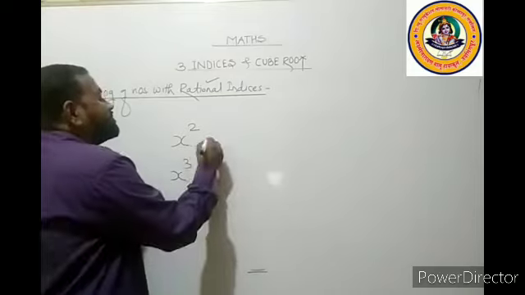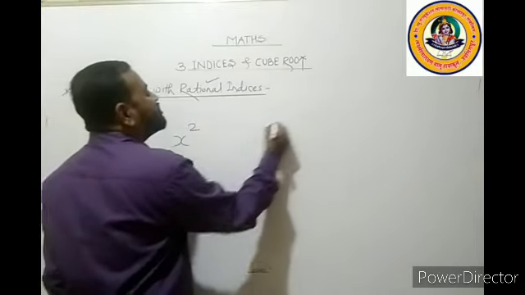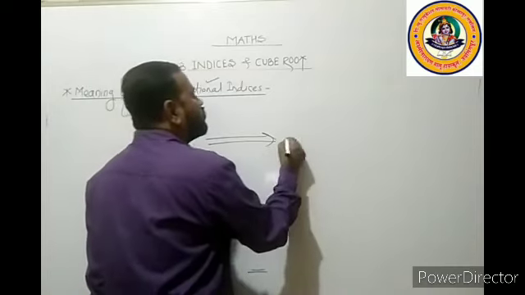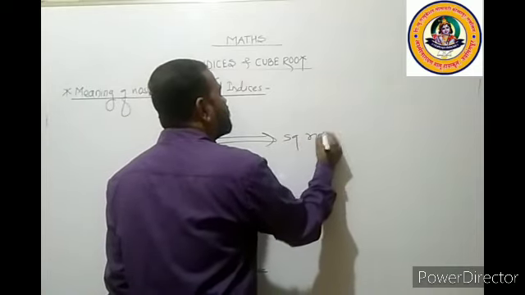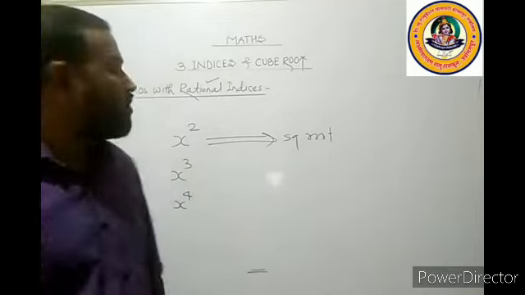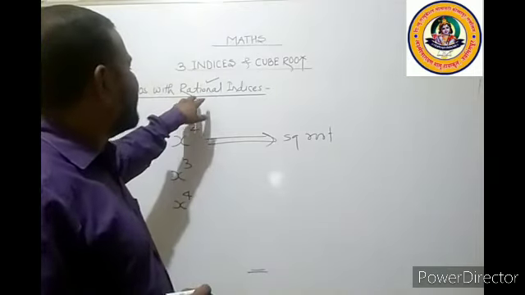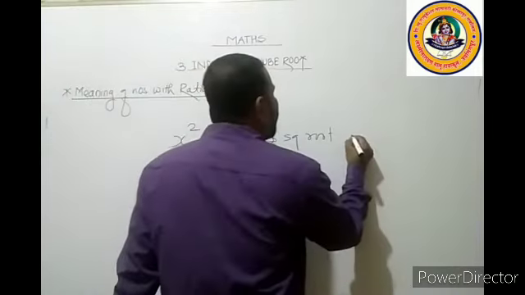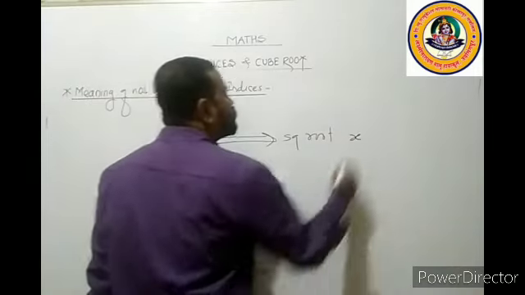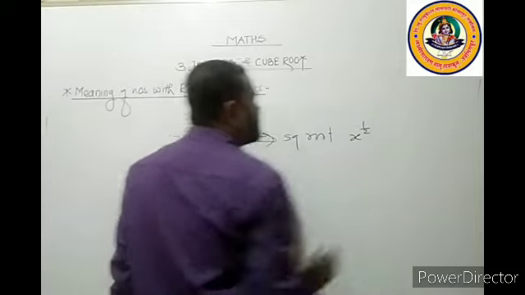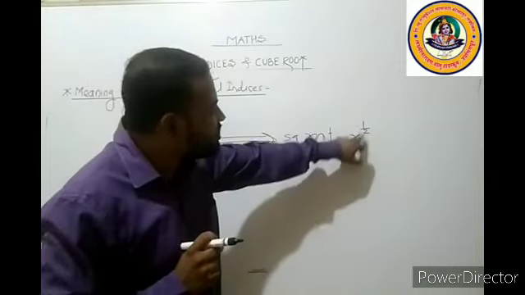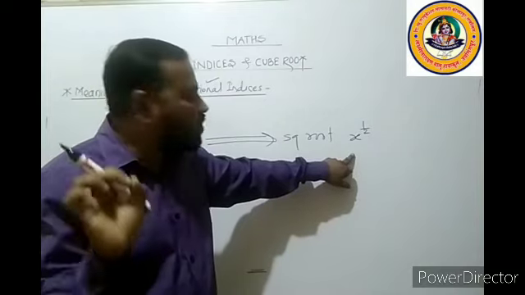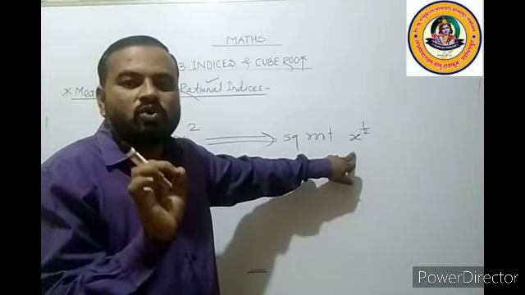If we take the square root of the given number, we write the square root in the form of index using rational numbers. We write x raised to 1 half. That means when we write x raised to 1 half, its meaning is the square root of the given number, that is square root of x.